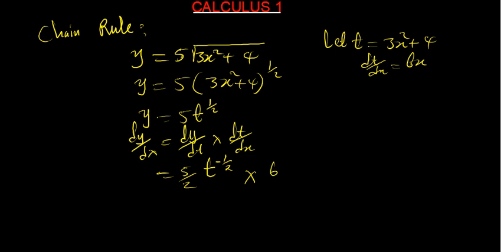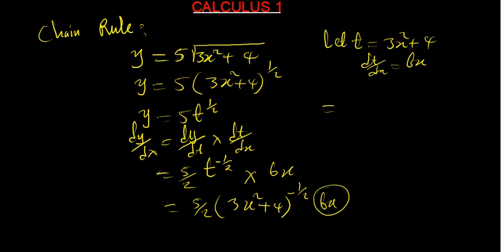So this has given us 6x. So where there is t now, we bring back what we took away. So that will be 5 over 2 times where there is t, we put now our 3x squared plus 4. And that is now to the power negative 1 over 2. Remember, I'm multiplying by 6x. So we can put 6x there. So actually this one can also be written as, we can multiply this 6x by what we can see here. Okay?